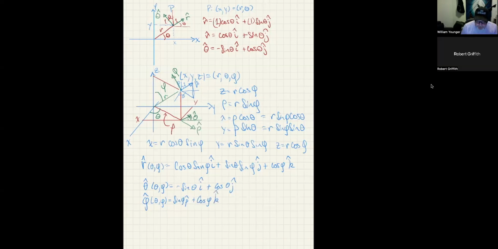Now rho hat, technically, if I take the time to draw it a little more, this would be my x-axis, this would be my y-axis again.